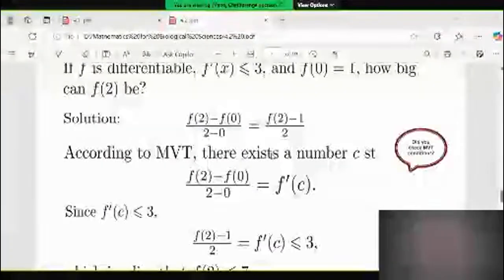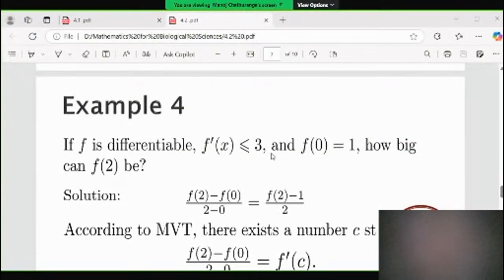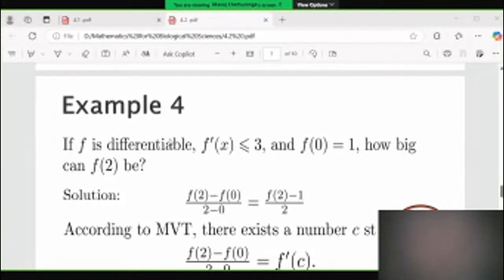Here is a different application of the mean value theorem. The mean value theorem sometimes helps us to estimate an unknown function value.